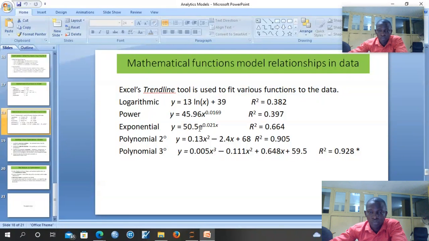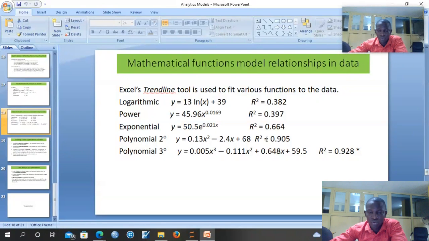If we are here, you are going to do 0.021 multiplied by that 10. Then you find the exponential of the result before you multiply by 50. If it is polynomial here, that 10 will be raised to power 2, multiplied by 0.3. The same 10 will be multiplied by 2.4.